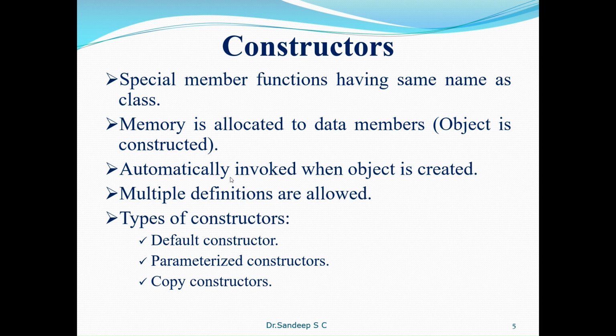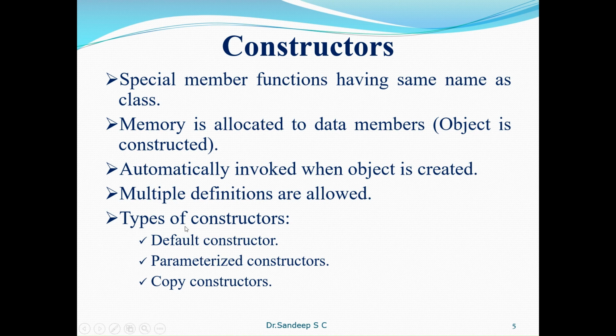And these constructors are automatically invoked. A programmer need not write an explicit instruction to call the constructors. We can have multiple definitions of the constructors. That means constructor overloading is allowed. That we will discuss in detail when we discuss overloading.